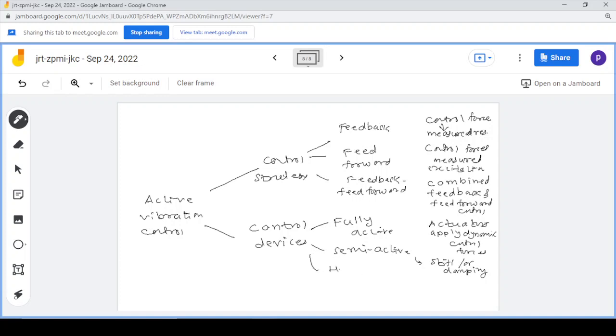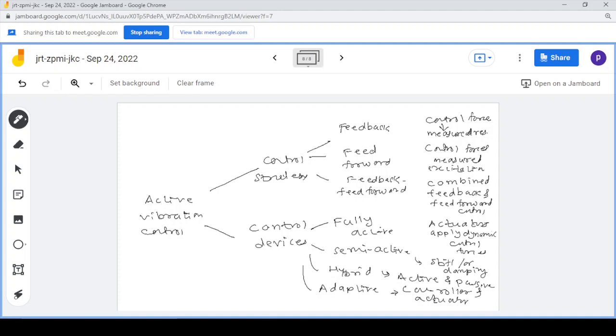The third is hybrid, which involves active and passive control working simultaneously. And the last is adaptive, where controller and actuator parameters are changed online according to the change in operating conditions.